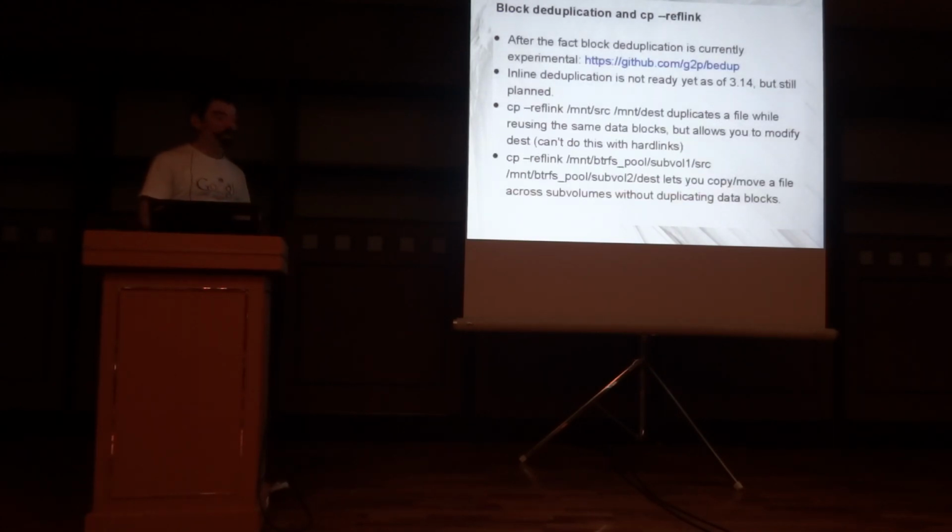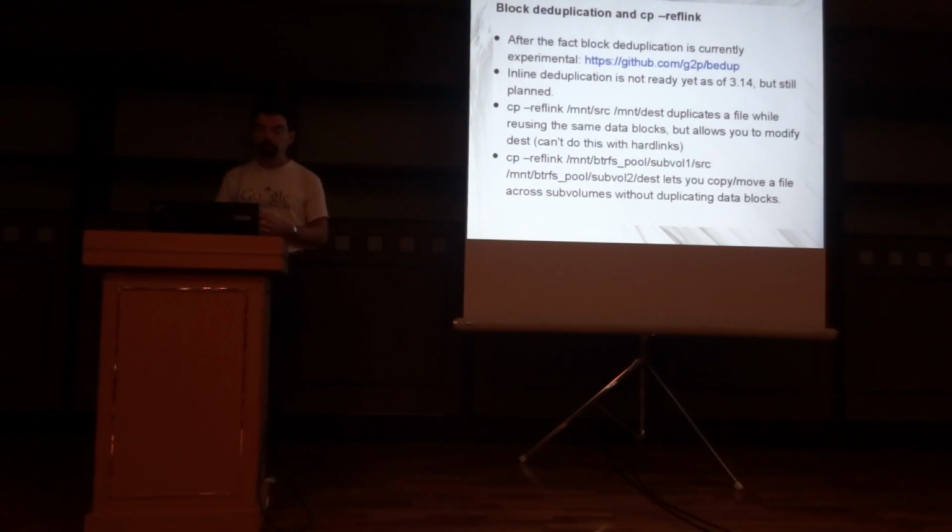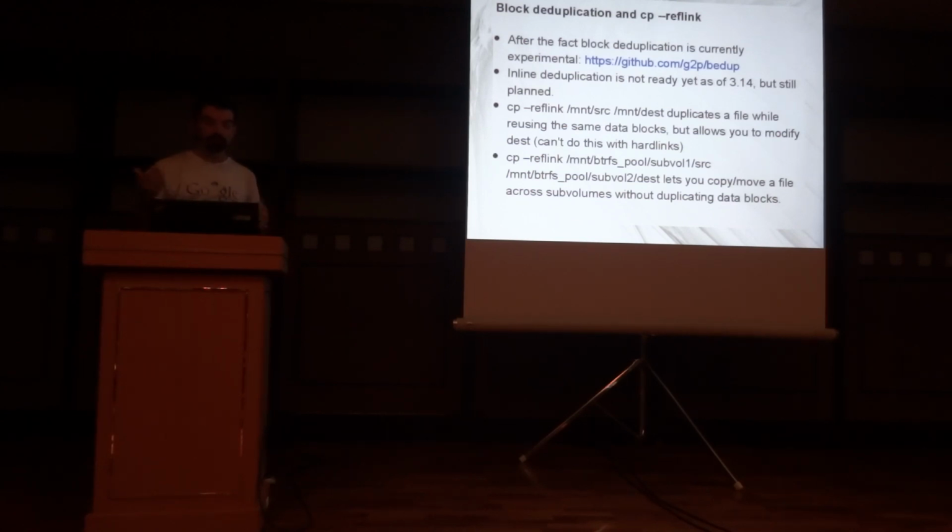So block deduplication, I did mention that very quickly. That's the URL to the script that lets you do this. It's still, I wouldn't say it's fully experimental, but it's still not production ready, I would say. So it's something you can try. But the one function that is usable right now is you can use reflink. And reflink means when you're copying a file, you're just copying the metadata, but then both files are pointing to the same data.